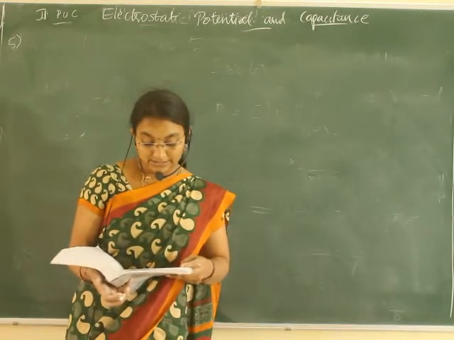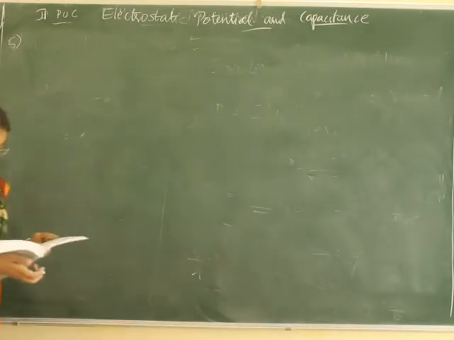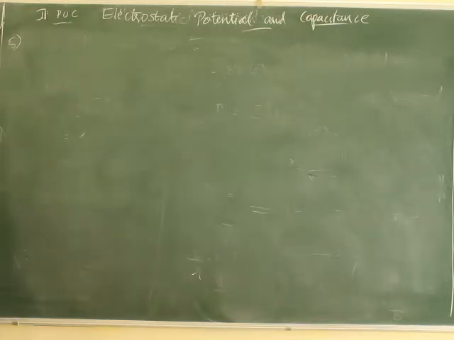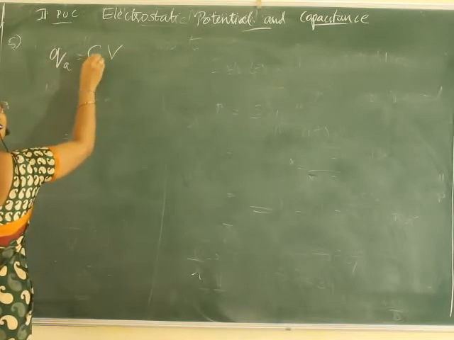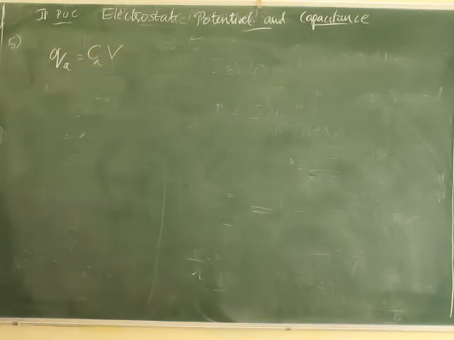How can we calculate? A parallel plate capacitor connected to a 2-volt battery. First, what we have to do is consider the charge. In air they have given, and the second time it is with the dielectric. With air as a dielectric, the charge stored is Q is equal to CV.